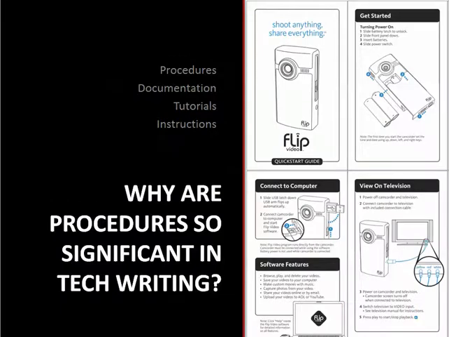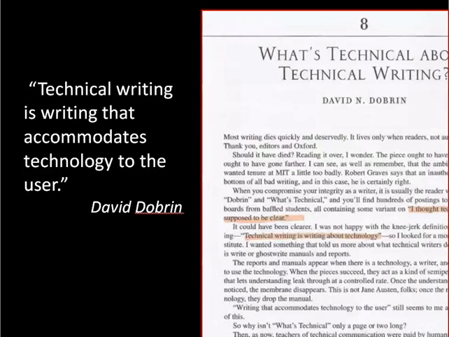So let me take a few minutes and, kind of as an aside, talk about why this is so significant. Procedures are probably the most significant genre that you're going to write this semester, and I want to explain why a little bit. A main reason is that one of the primary things technical writers do is accommodate technology to the user.